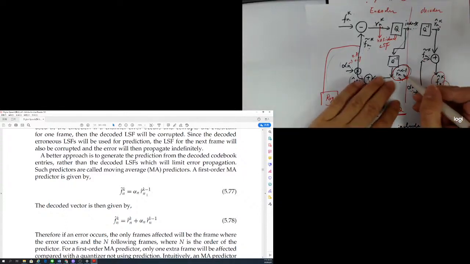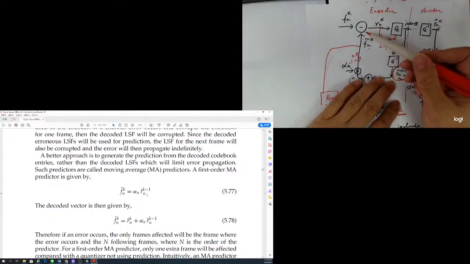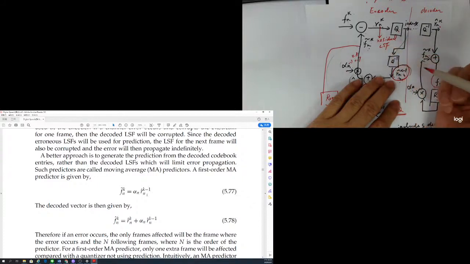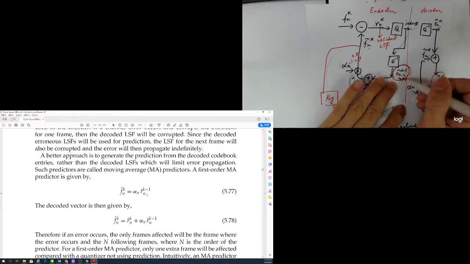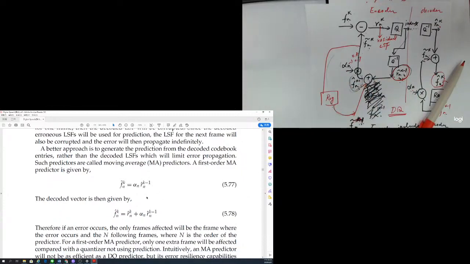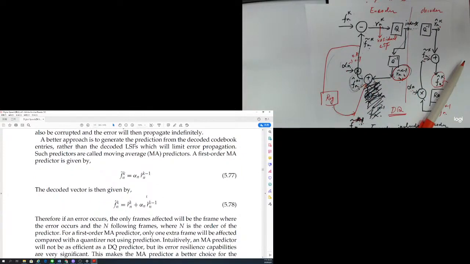So if this one has an error, the prediction just affects the next frame, because the prediction error only makes that frame erroneous. It is not based on the total recovered, total decoded signal. It is based only on the residual signal error. So that makes sure you do not have error propagation.